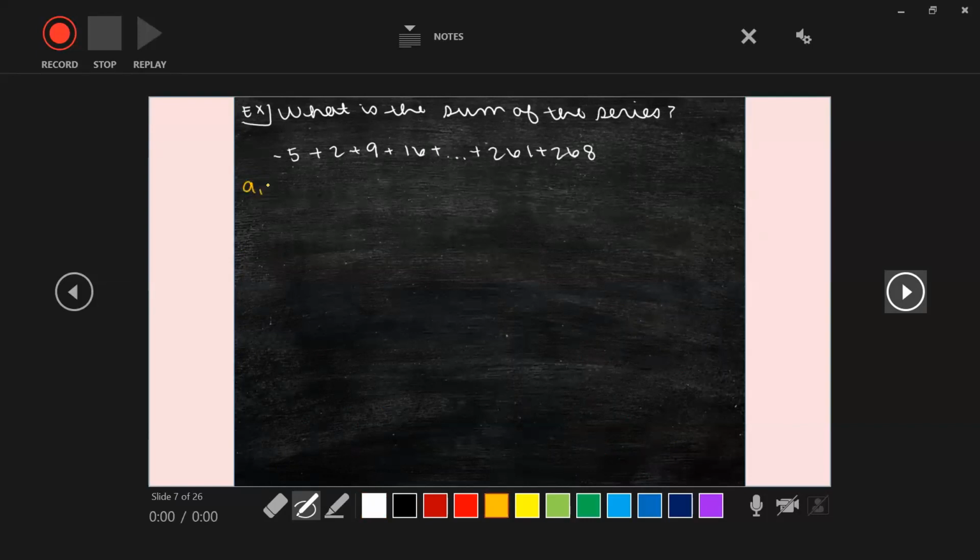You are going to need to find a sub 1. You are going to need to find a sub n. You're going to need to find d. What is d? Yeah, common difference. It's going to be your common difference. Then you're going to have n. If you can't find n, you're going to use your explicit formula to find n, which is a sub n is equal to a sub 1 plus n minus 1 times d.